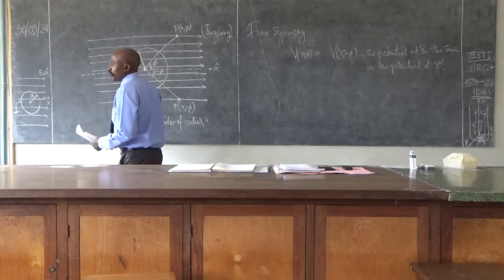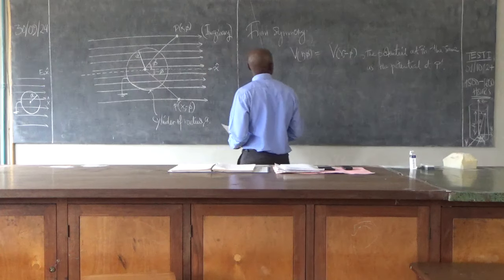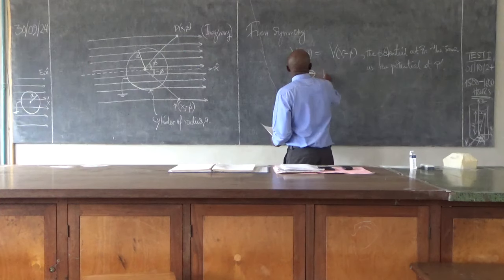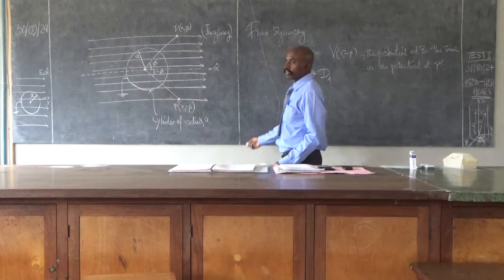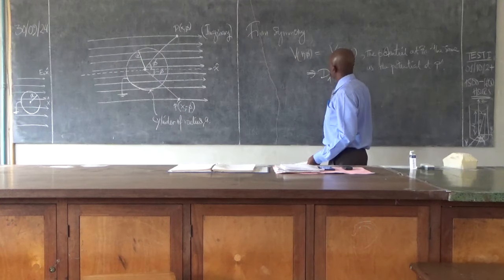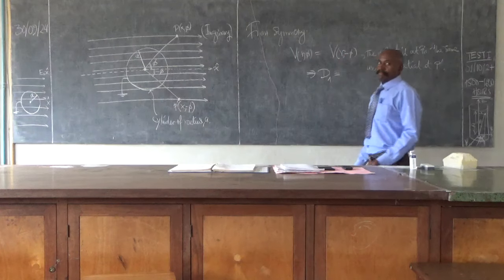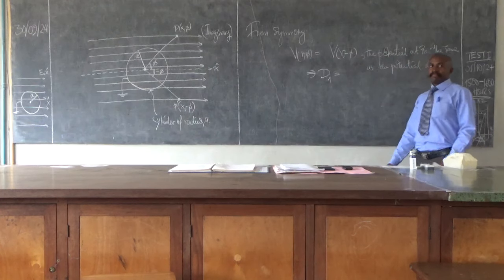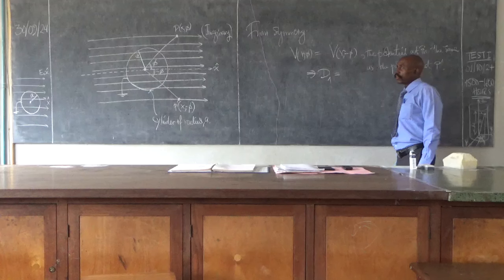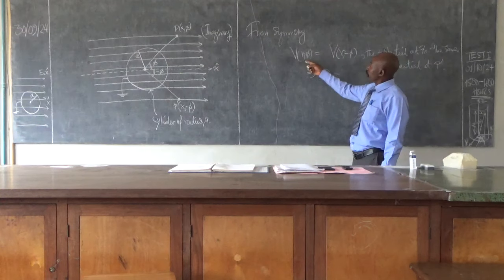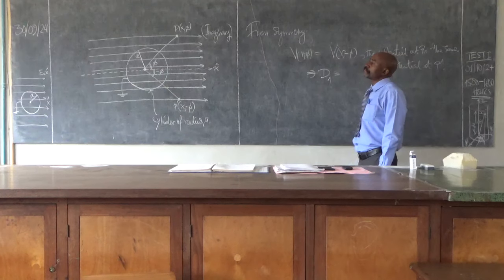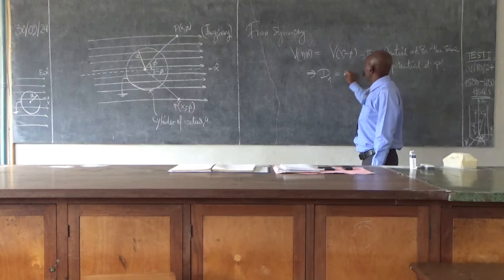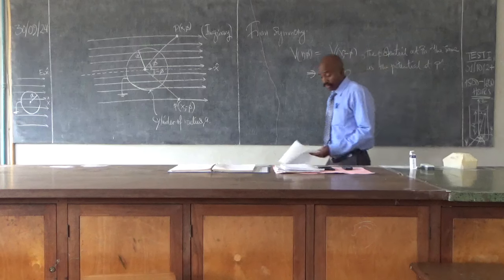When that happens, then we have that the constant D1 would be equal to zero, if V(R, phi) and V(R, minus phi) are the same. That's your mathematics.